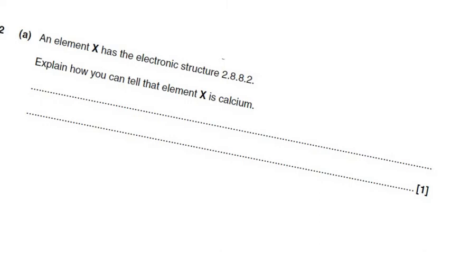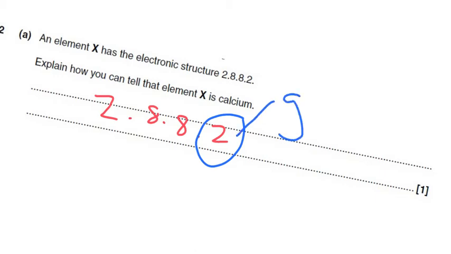However, there is another way of potentially answering the question, something we've already looked at before. We can look at the configuration 2882 and we can straight away see 2 key things. Firstly, we can see that it has 2 electrons in its outer shell, which tells us that this particular element is in group 2.